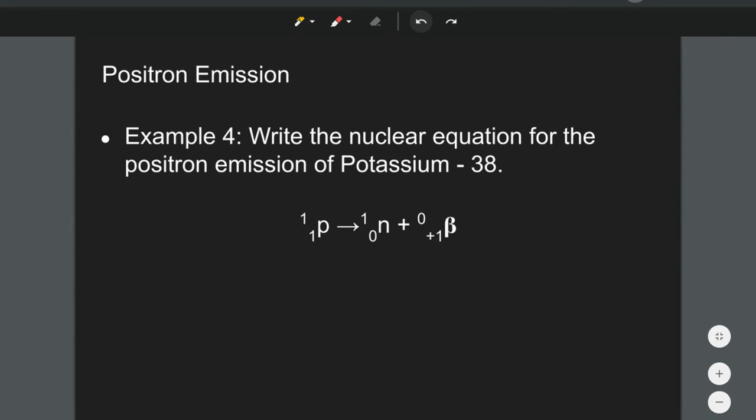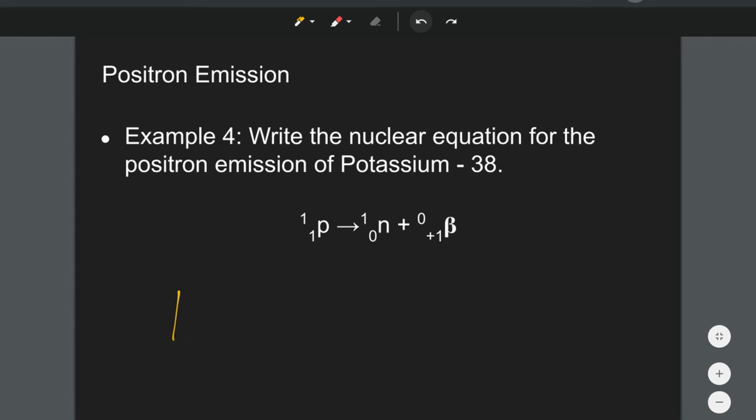So there are 2 more types of nuclear reactions. The next one we're going to talk about is called positron emission. A positron is basically an anti-electron. So it's an electron in mass, but it has a positive charge. The example we're going to do is write a nuclear equation for the positron emission of potassium-38.